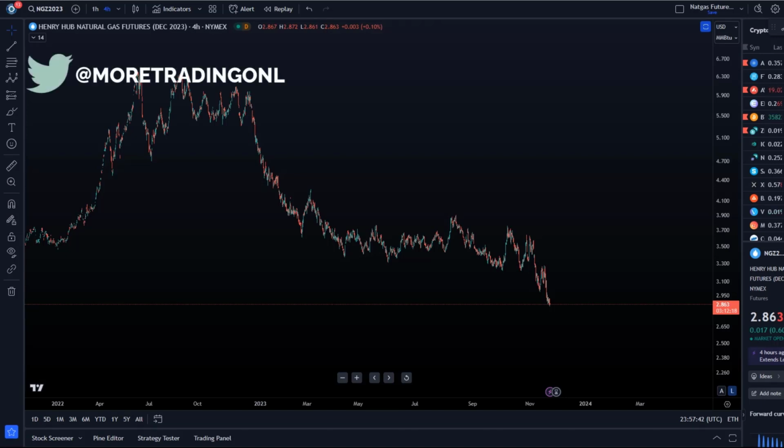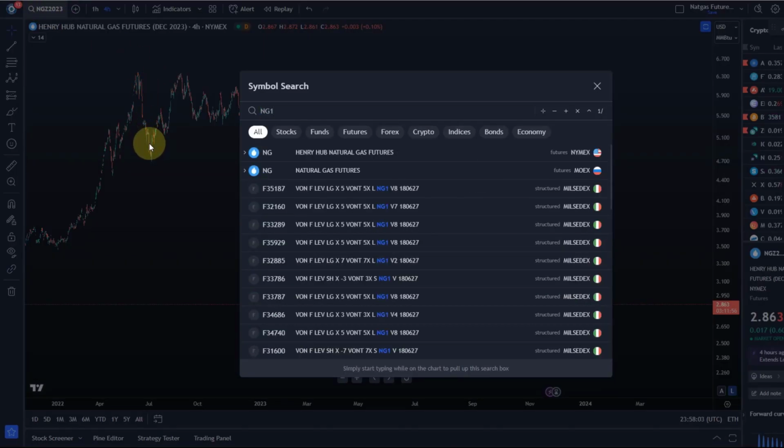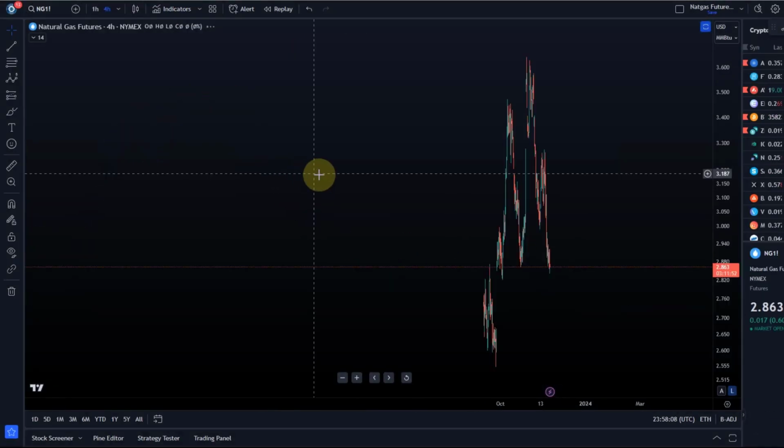So on the Natgas chart, I want to change the tickers. We have to switch the ticker because the actual Henry Hub natural gas futures differ so much these days from the NG1 ticker that I've used in the past. The one that we've looked at before was also Natgas futures NG1, but it is one that is normally calculated by TradingView.